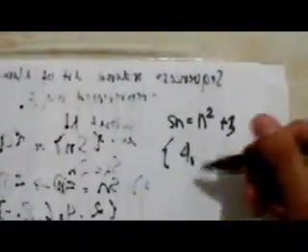Keep in mind the pattern. The next number is 2. We used 1 already, so 2 next. 2 raised to 2 is 4, plus 3 is 7.